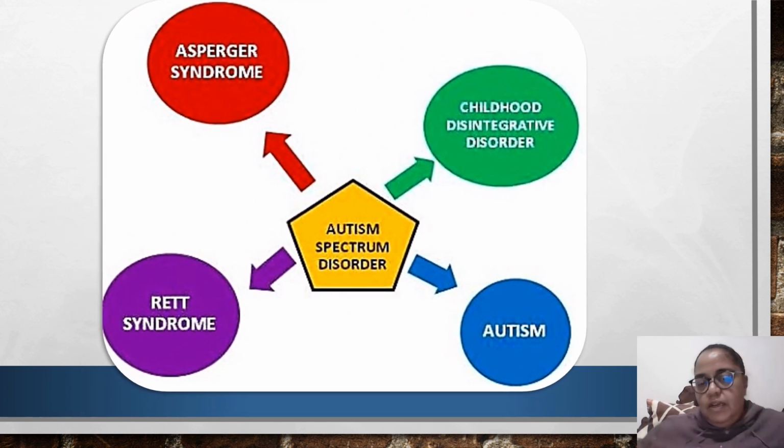So autism or autism spectrum disorder really has 5 parts. The one that's not shown on this diagram is Kanner's disorder, but Google mainly shows you the 4 disorders that fall under the ASD umbrella, and the one that I'm going to be focusing on mainly is classic autism, which is your blue circle.